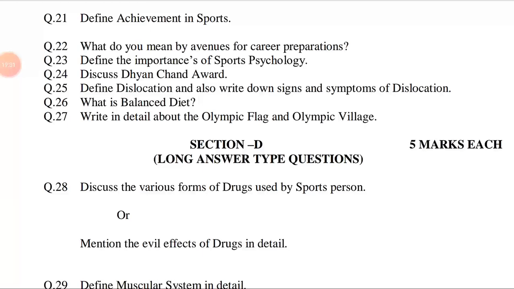Then write down few sentences about sports psychology and its importance, such as mental abilities improved, better selection, better training methods, motivation and feedback, modifying behavior, control stress and tension, understanding learning rate increased, good relationship. Question number 24. Discuss Dhyan Chand Award.